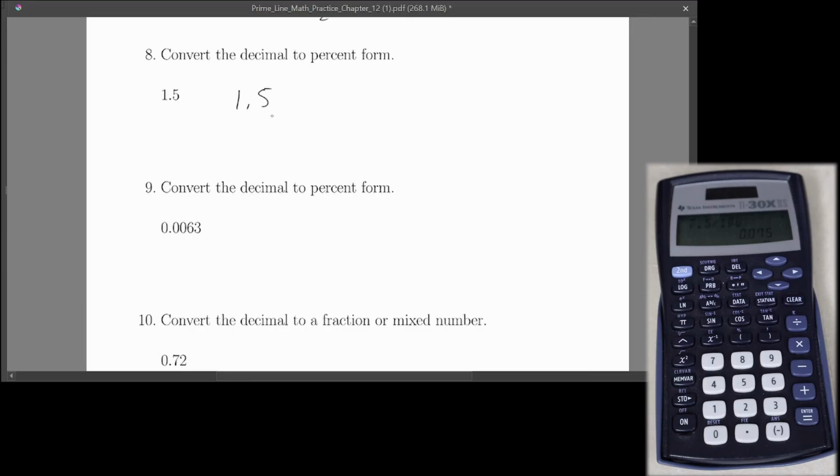So out of our hundredths, we have 1 whole and then 50 hundredths, if we look at the 2 decimal values there. We could also write this as 150 over 100. And this is the percent, so that would be 150%.